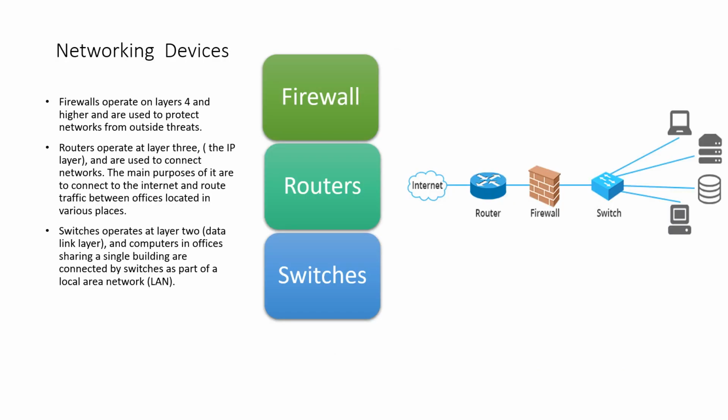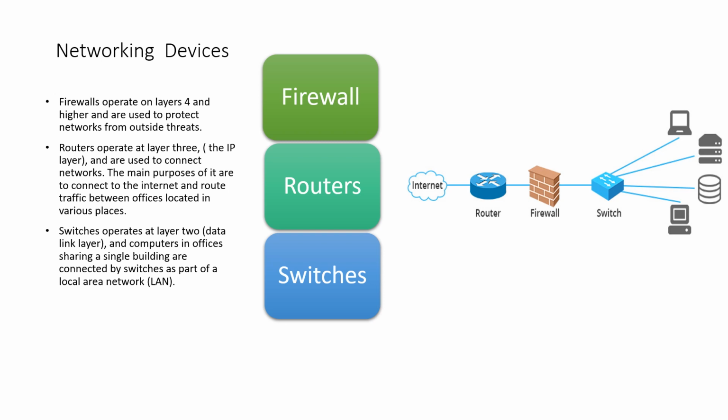Next, we'll explore the network devices that operate at each layer. Networking devices are physical or virtual components that facilitate the communication and data transfer within a computer network. These devices play various roles in connecting and managing data traffic within a network. Here are some of the most common networking devices. Firewalls operate on layer 4 and higher and are used to protect the network from outside threats.